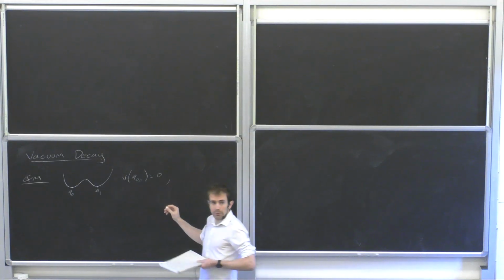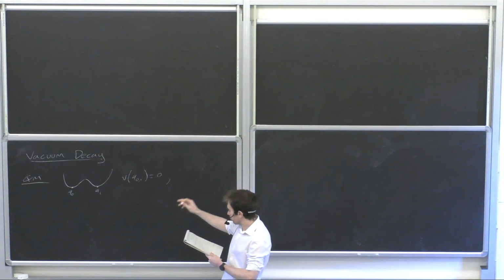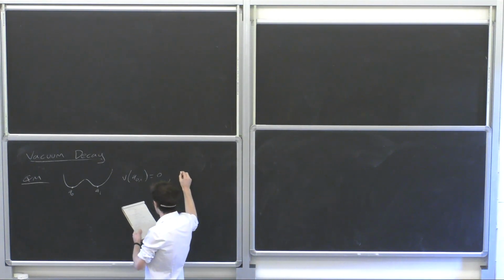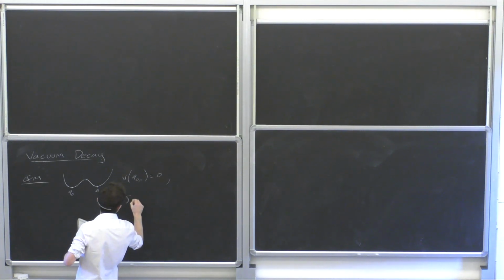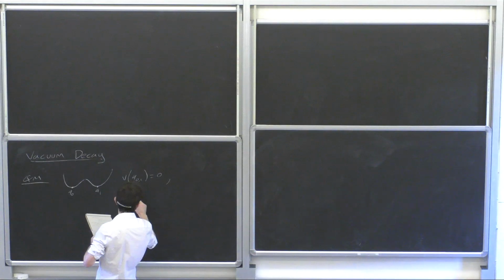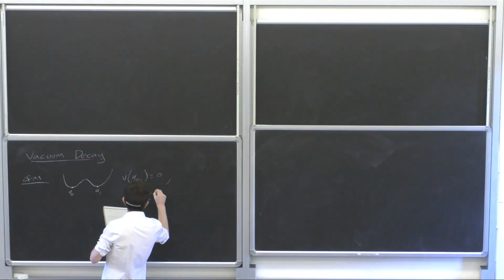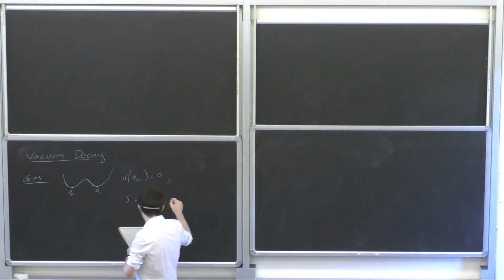Then, as you know well from, say, the WKB approximation, the rate of tunneling is parametrically given by some numerical prefactor A times e to the minus some action.